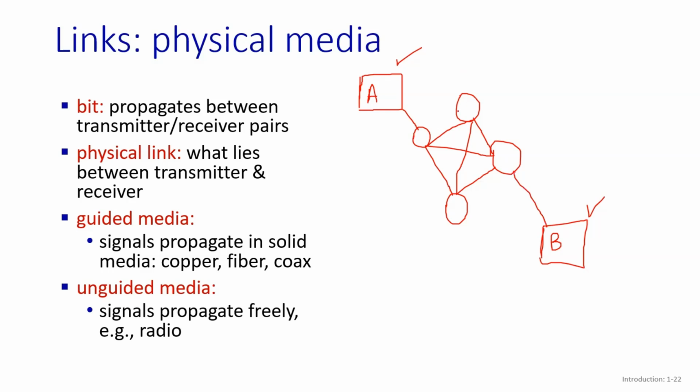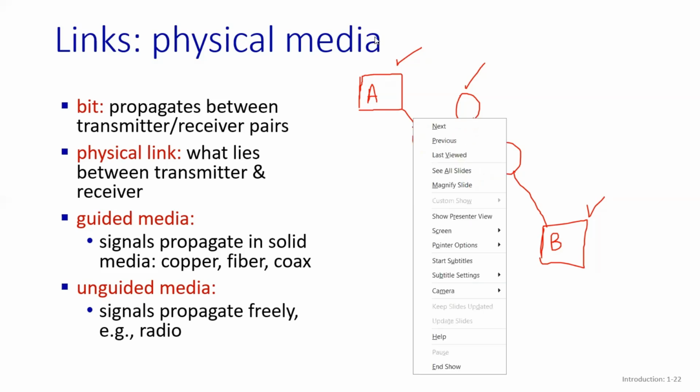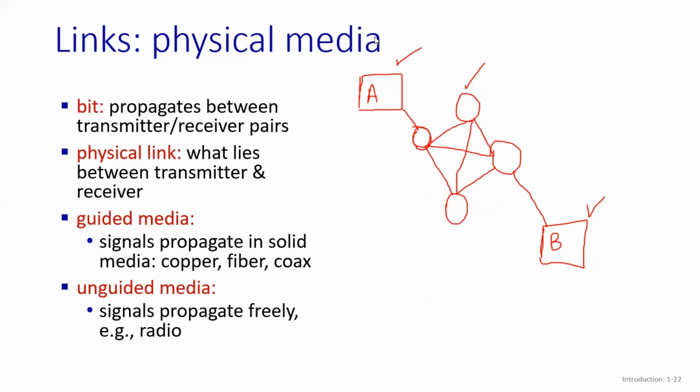Here we have routers connected together. You can think of it as the network core. So this is host A, and it wants to send data to host B. Host A will send the data in the form of bits.